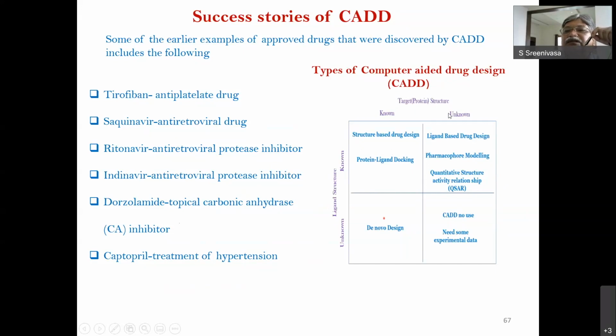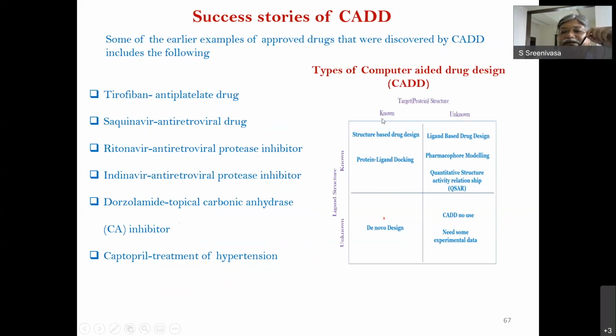I know the structure of the protein. Okay, if the structure of the protein is unknown, but I know the structure of the molecule which is useful as a medicine, that time this is ligand-based drug designing. So you have the ligand, but you have to select the suitable protein where it binds. That has to be done using the computer and software.